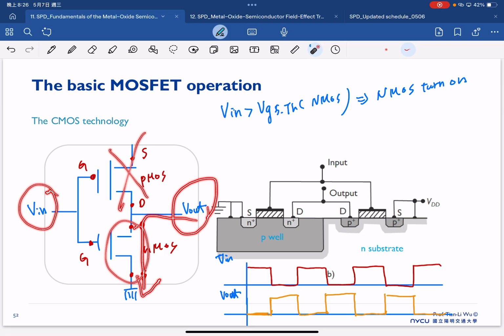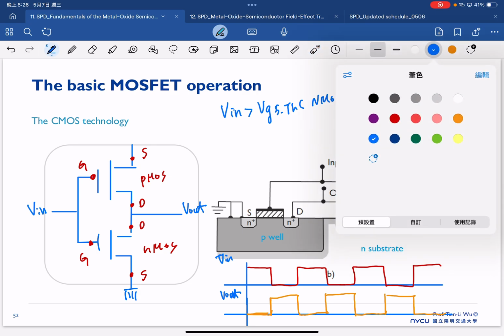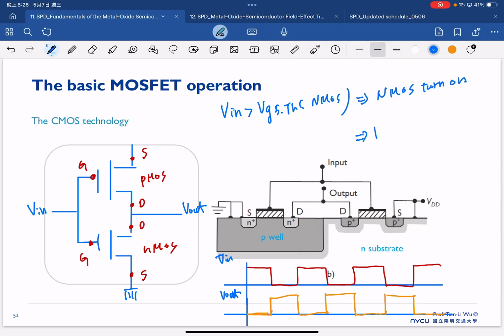It's a signal. And then the V out will be roughly the same, close to VGND, the ground, which depends on our resistance here. So NMOS turns on, and this will lead to our V out approaching VGND.